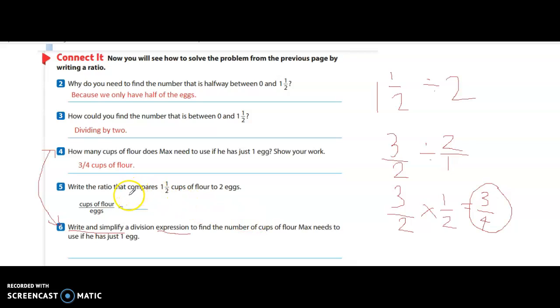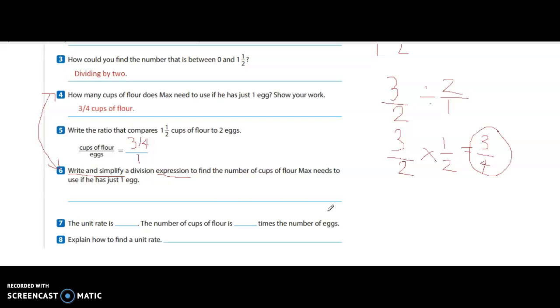And when we do that, we have 3/4 cups of flour for every 1 egg. So this is our unit rate. Okay? And then we already did 6 over here. So we kind of combined 4 and 6 because it's the same thing. So moving down to number 7, the unit rate is 3/4. That's what we just found out.